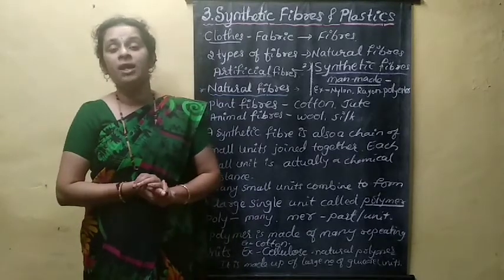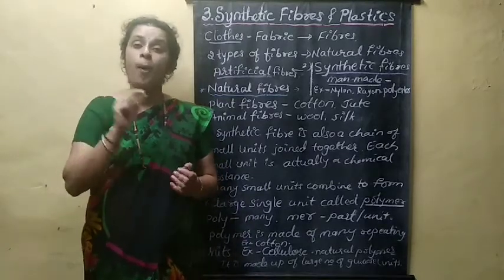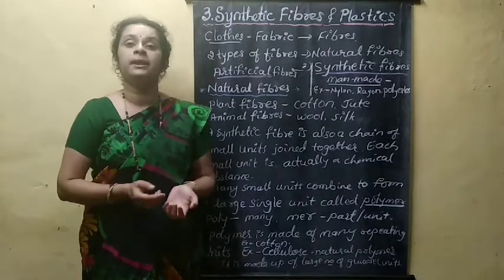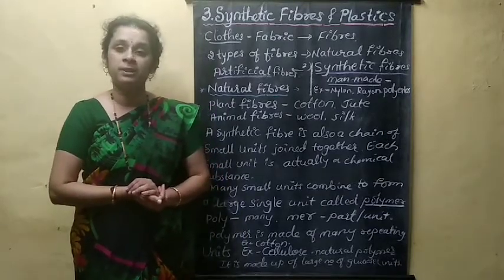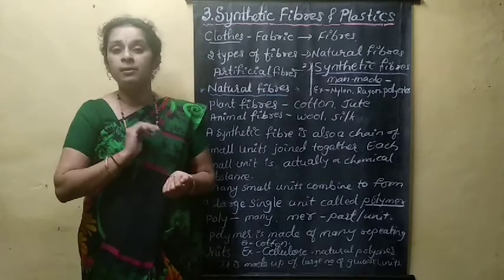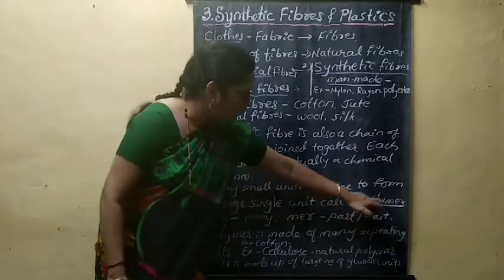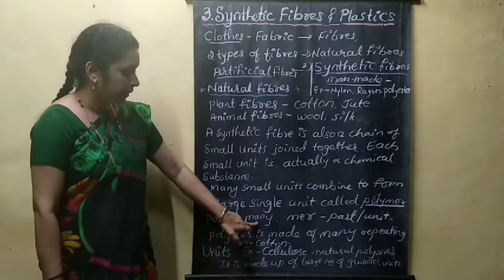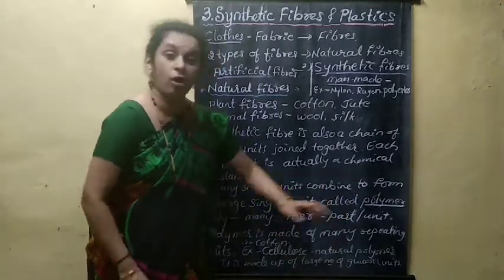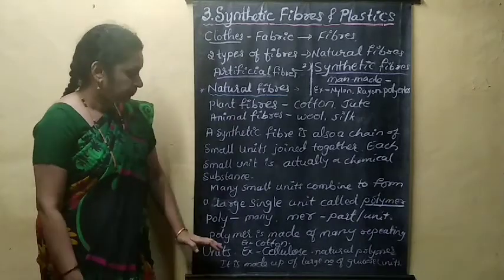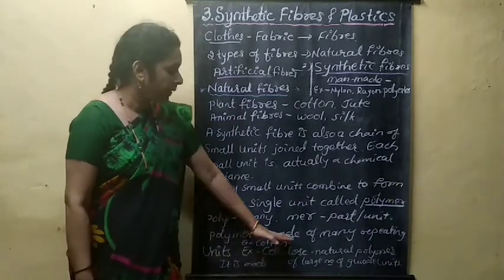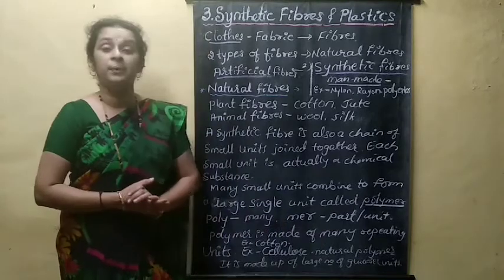The word polymer is derived from poly. Poly means many, mer means a part or unit. Hence the name polymer. A polymer is made of many repeating units.